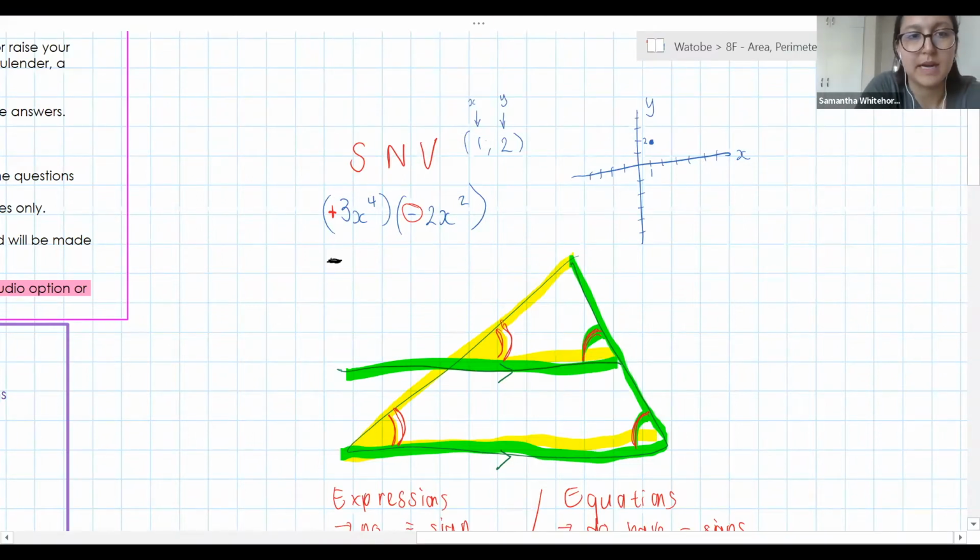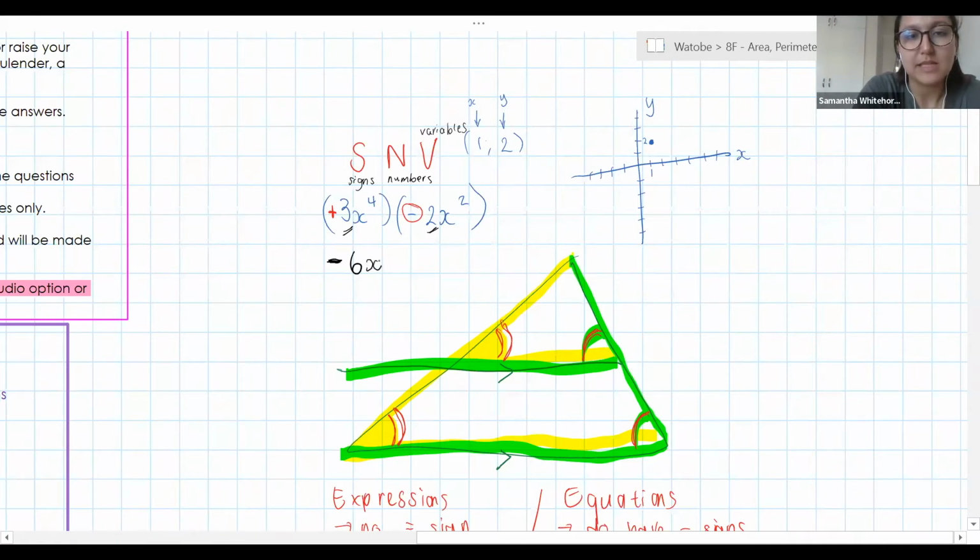Then I'd move on to my numbers, which is 3 times 2, which is 6. And then I move on to my variables. So signs, that's what SNV stands for: signs, numbers, and then variables. If we multiply with variables and they're the same base with different exponents, we add the exponents.